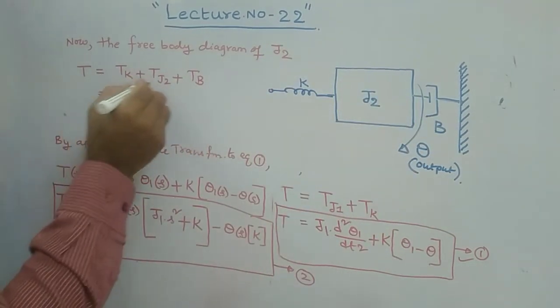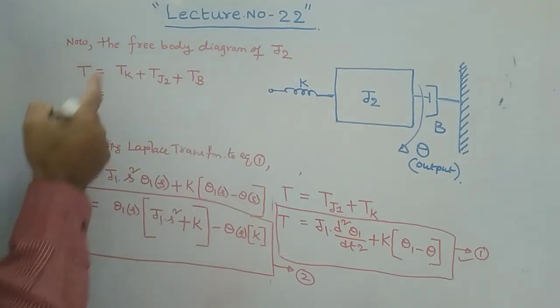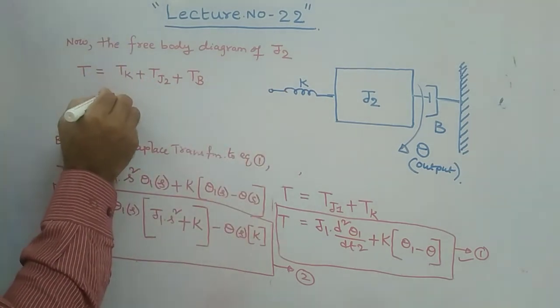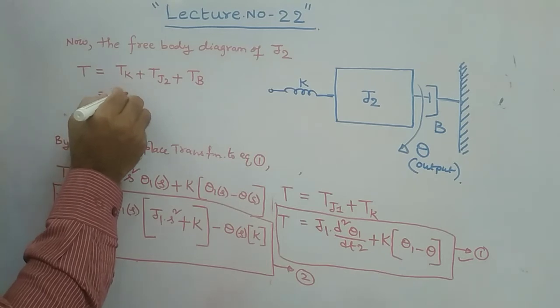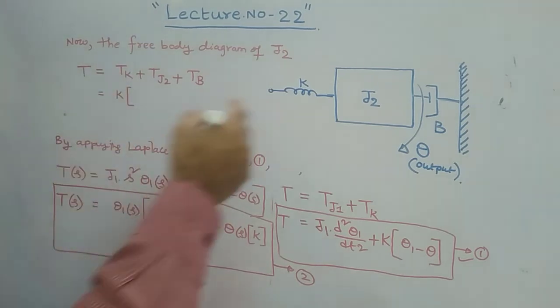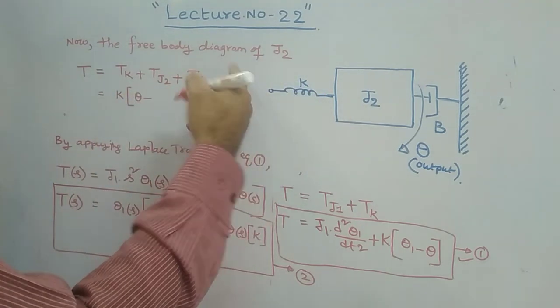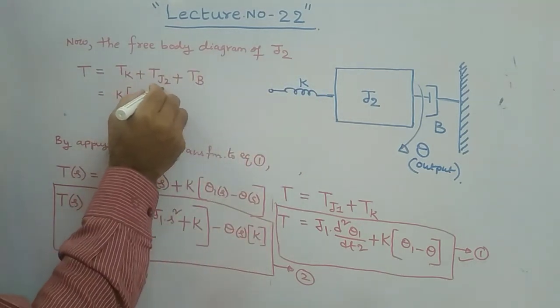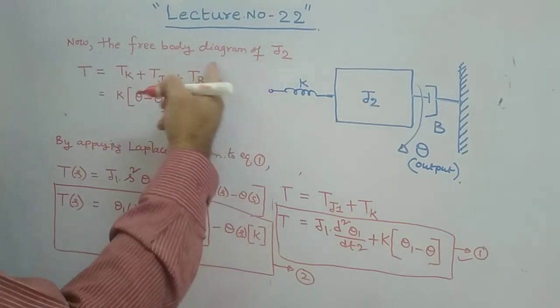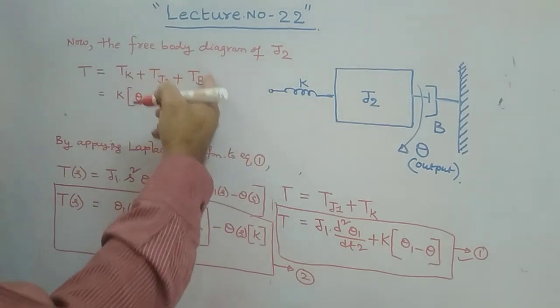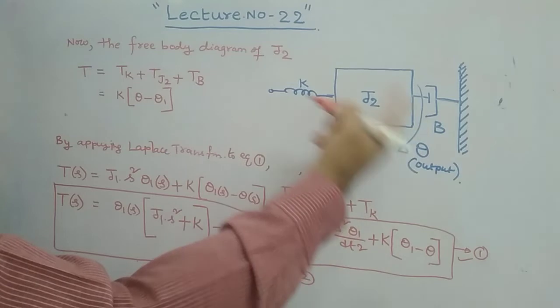This is equal to, you can write, okay, no problem, Tk. If you write Tk first, then it is nothing but K into (theta minus theta 1), because it is a common element. There is a block here, so here we considered theta 1, therefore theta minus theta 1.